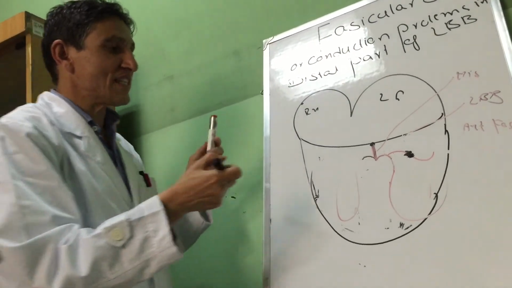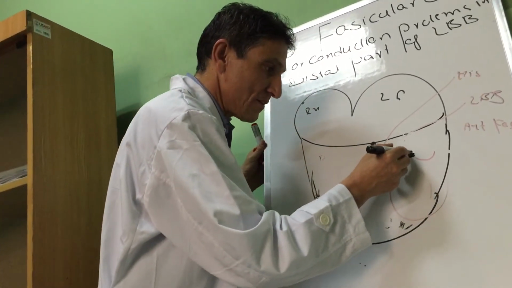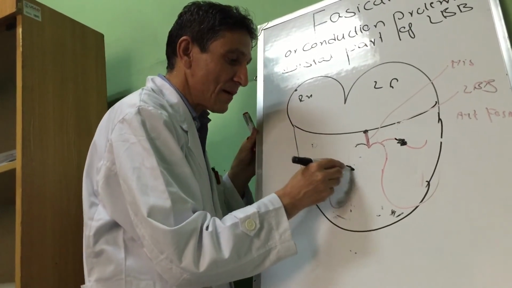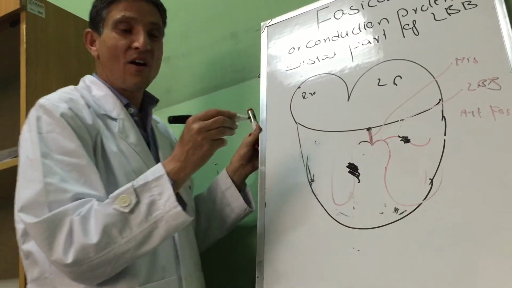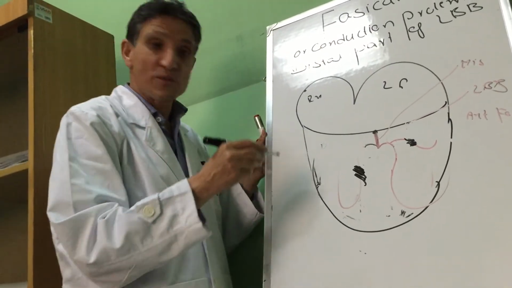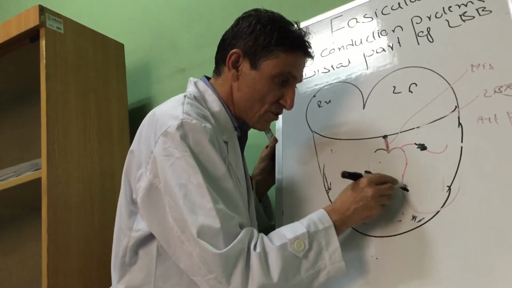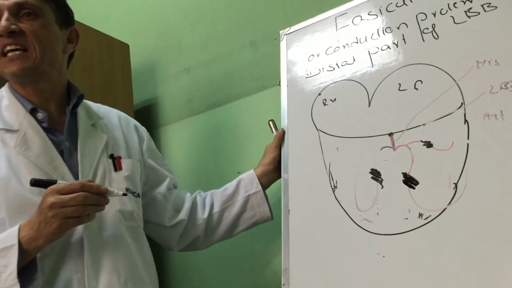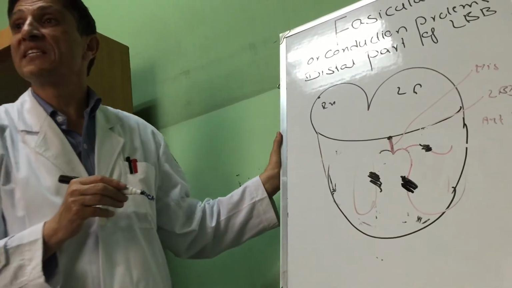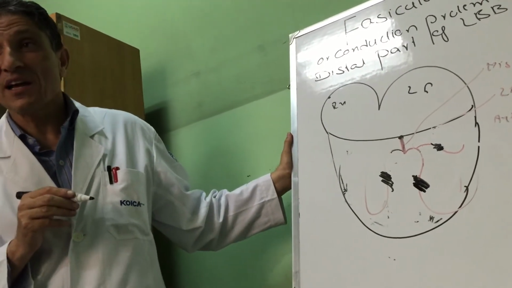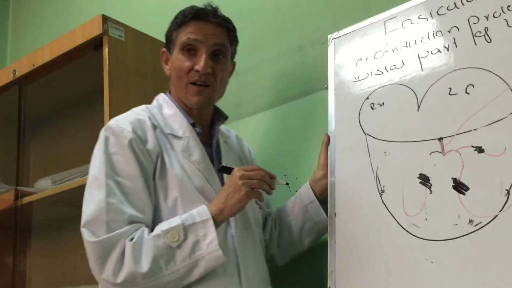If those people who have anterior fascicular block and also right bundle branch block, in addition to the anterior fascicle and right bundle branch block, this patient also has posterior fascicular block, it is equivalent to complete heart block.